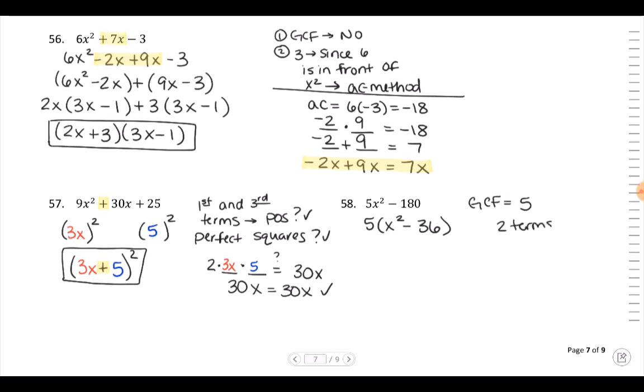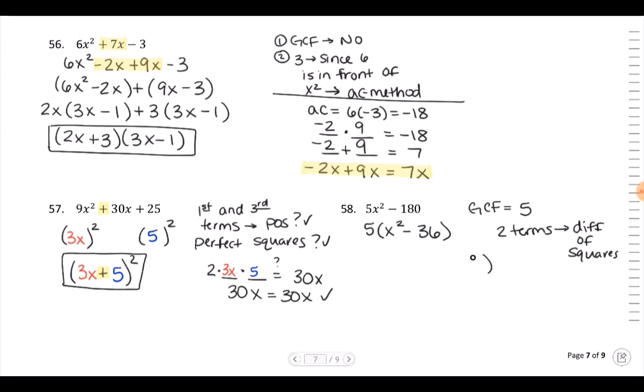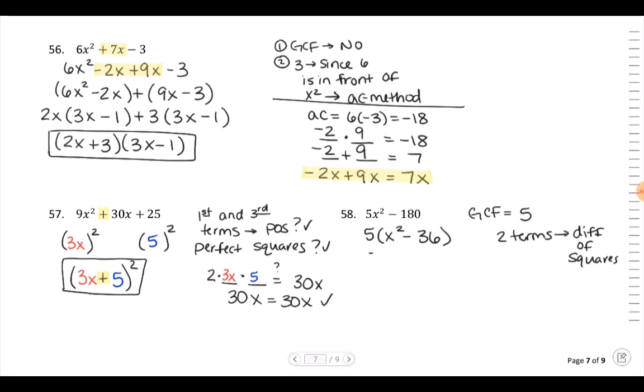2 terms, difference of squares. And so the question is, is this a difference? Yes, it's a subtraction. And are these 2 things perfect squares? Well, yes. So how would you factor this? Well, you say, okay, actually, let me write this a little bit differently.